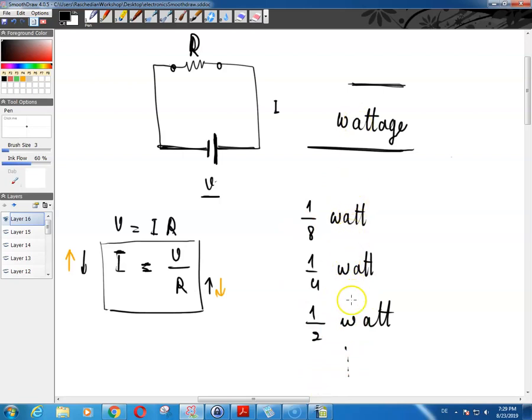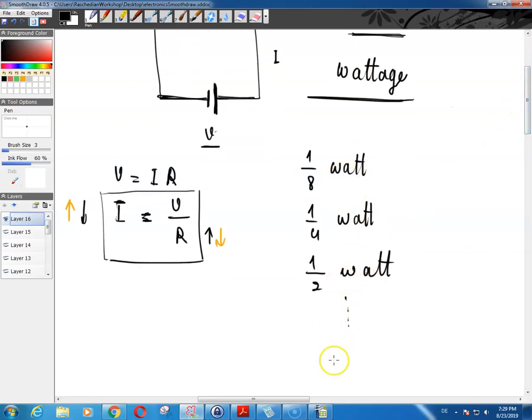As you increase the wattage, the resistor gets bigger and bigger for the same amount of resistance. For example, a 20 ohm resistor that is 1/8 watt would be something like this. The real size of the resistor, if you saw it on the palm of your hand, would be not bigger than this.